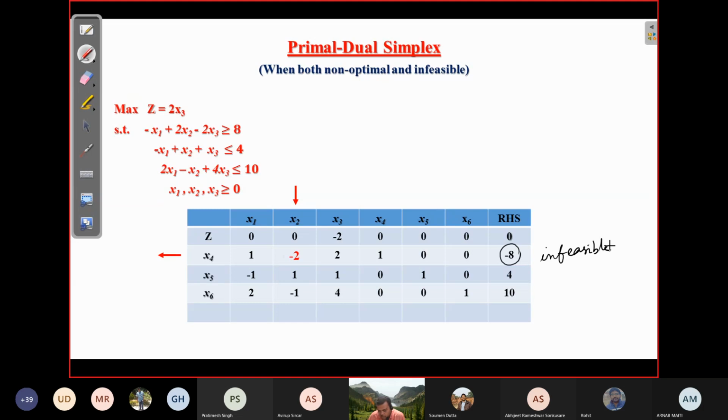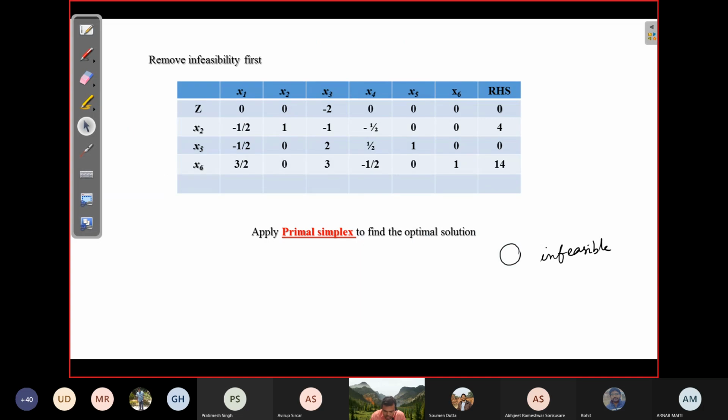When you have a starting infeasible solution, you have to apply dual simplex method. So you apply dual simplex and go to the next iteration, where you see this table where the right hand sides are all positive, which is feasible, right?